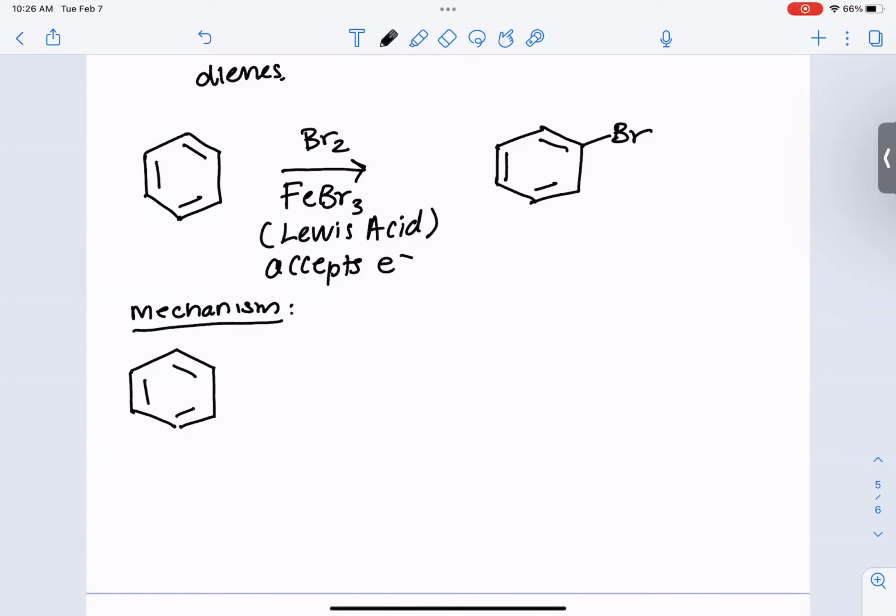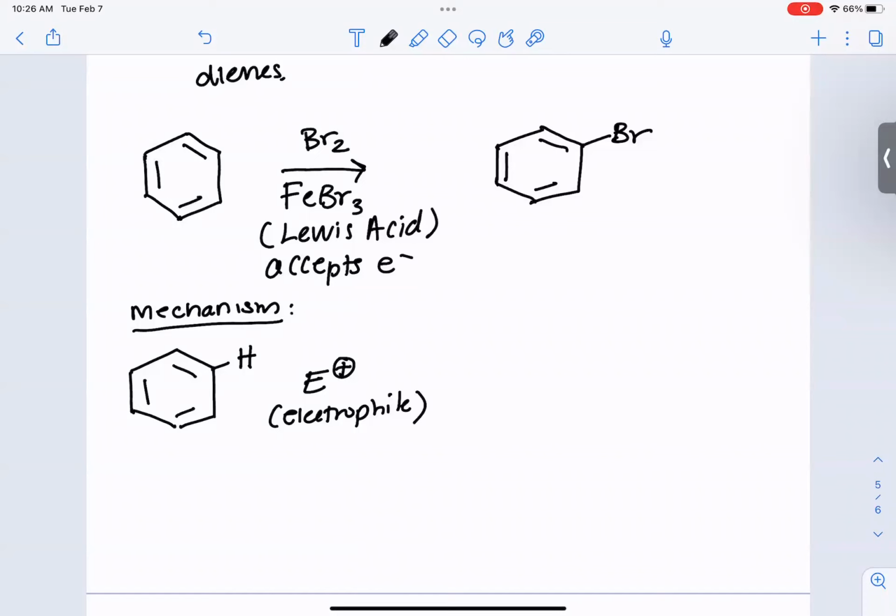So we have our benzene, and you have your hydrogen there. I'm going to do this generically first. You have an electrophile. I'm going to show you how to make the different electrophiles, like how to make a bromine electrophile and a nitro group one, but we're just going to go through this generically first.